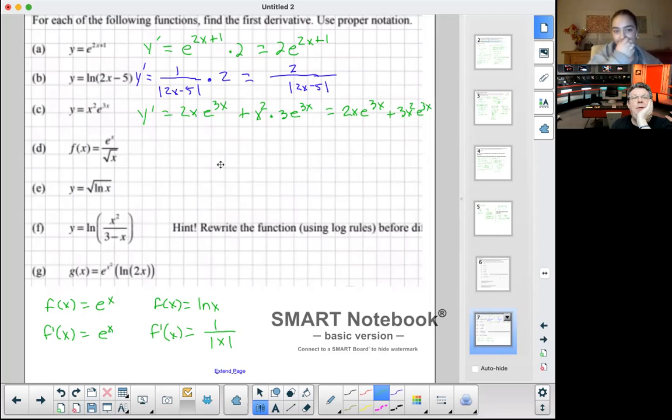Let's try this one and then we'll call it a session. I think I would move the x up first. I agree. e to the x times x to the negative 1/2. Excellent.